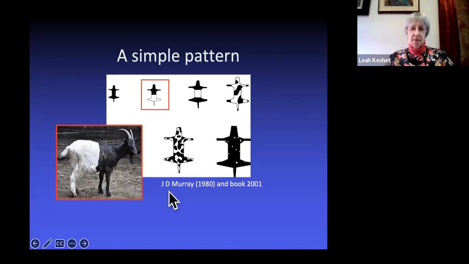By the way, friends of mine, Avi Baran and Paul Monroe, actually took a picture of a goat like this that they had encountered, and it's featured prominently in Murray's book because they sent him such a photo.